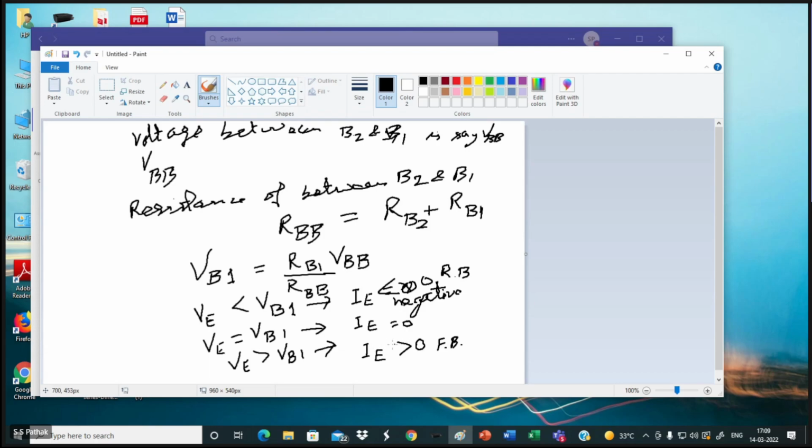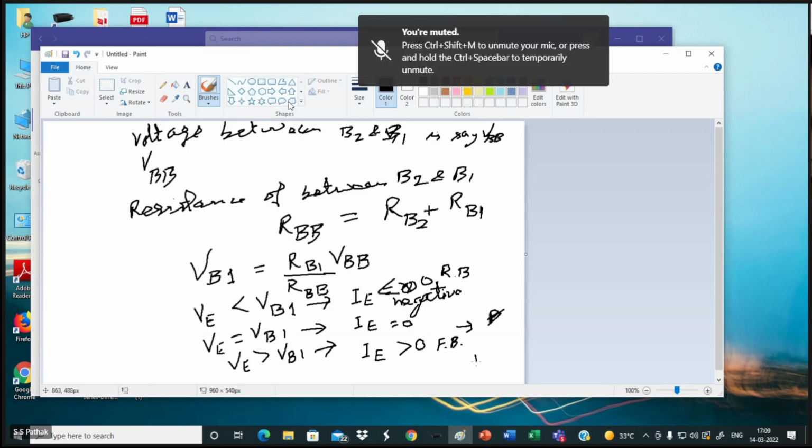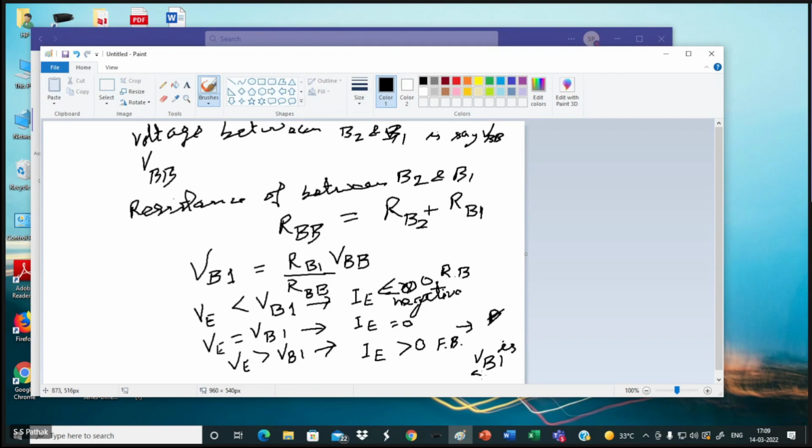So high current from emitter to B1 is flowing. So this will lead to a reduction of RB1. RB1 is very small. When IE becomes greater than 0, VB1 becomes very small.